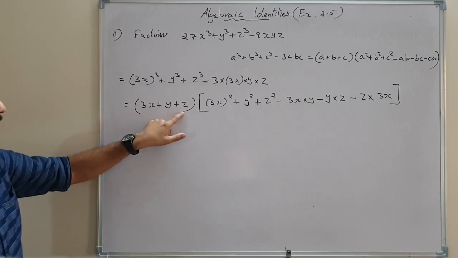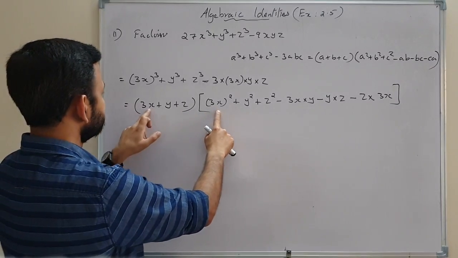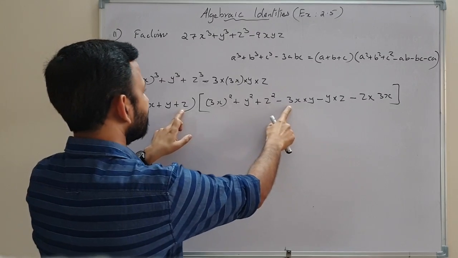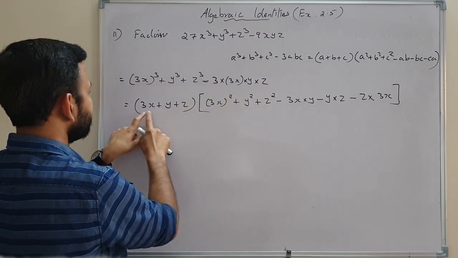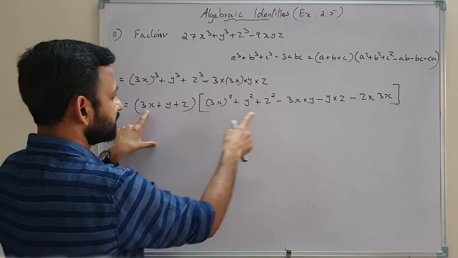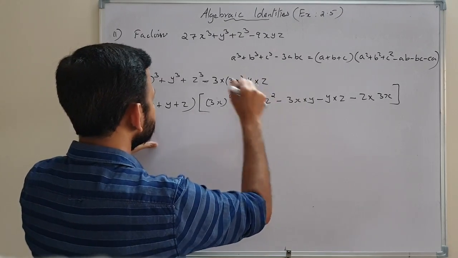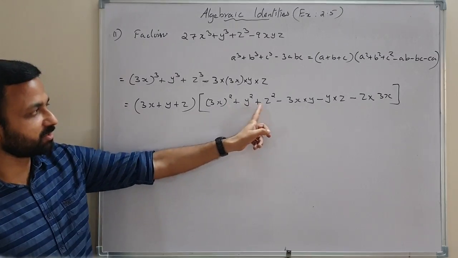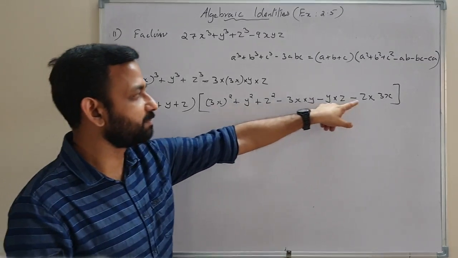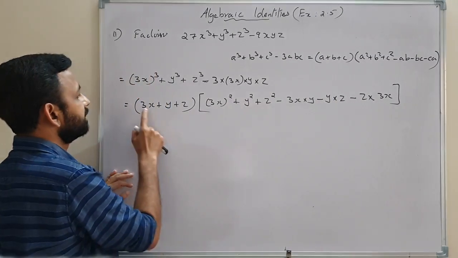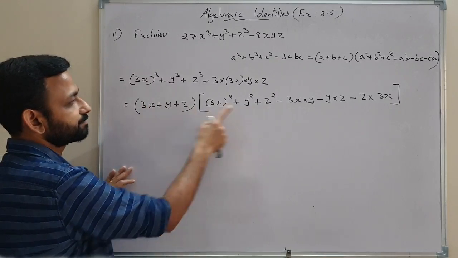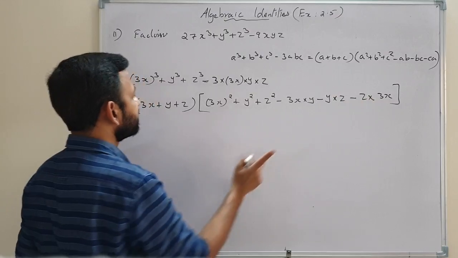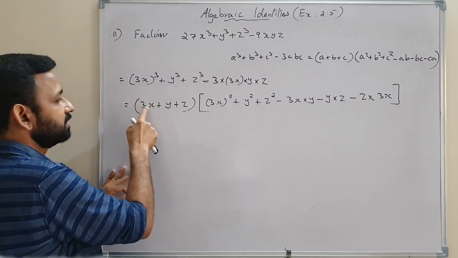a plus b plus c into a square plus b square plus c square minus ab minus bc minus ca, that is minus 3x into y, minus y into z, minus z into 3x.